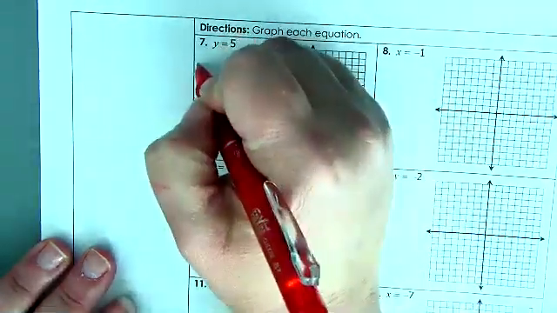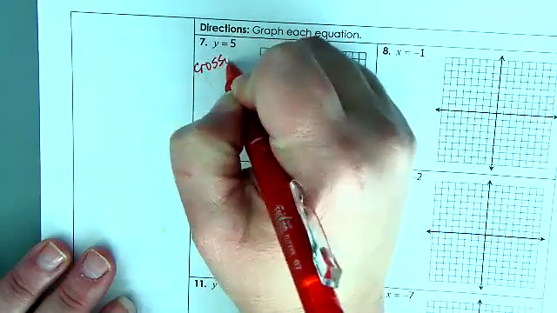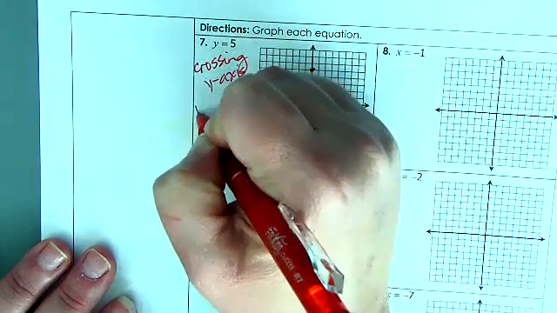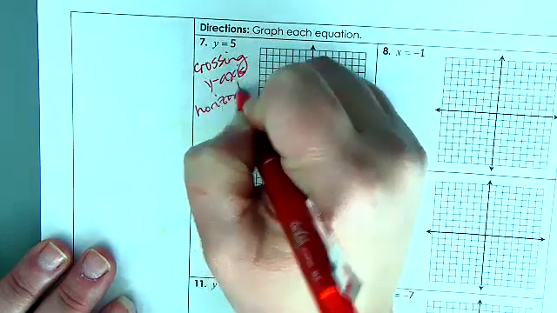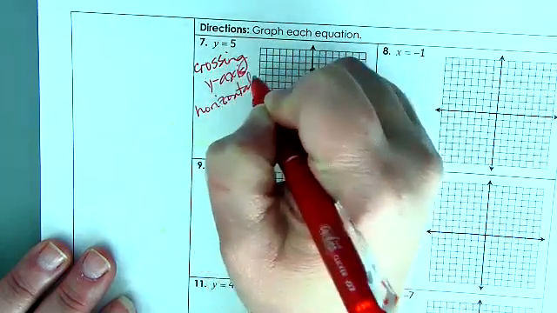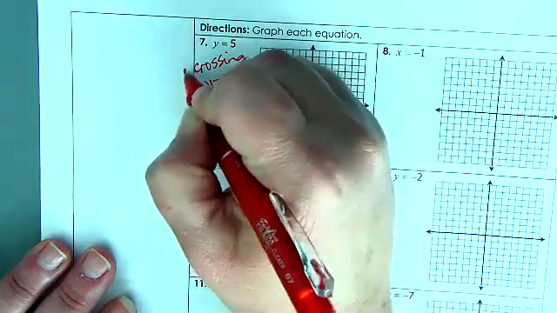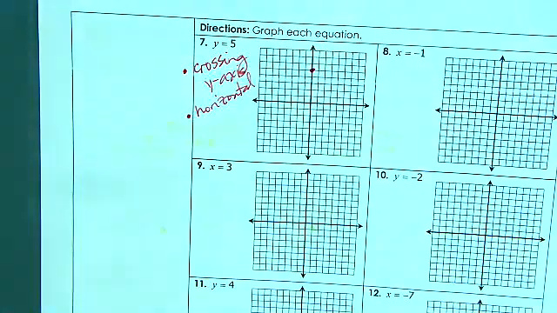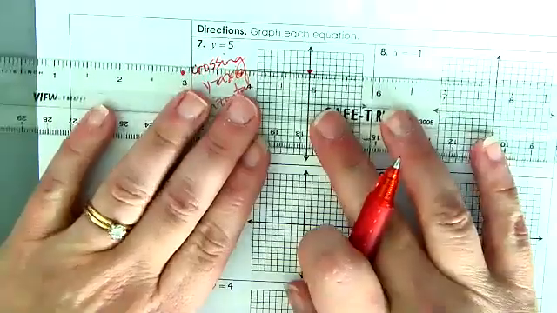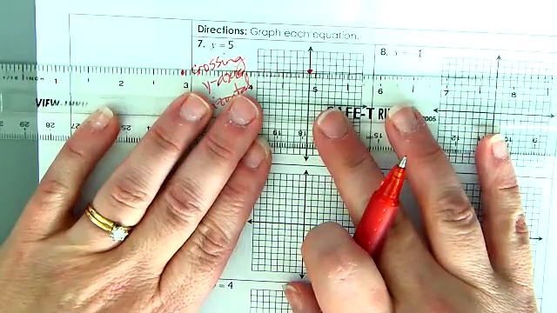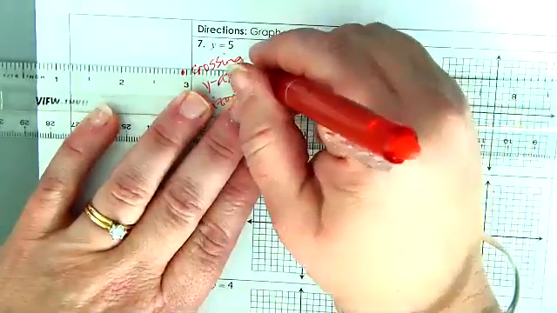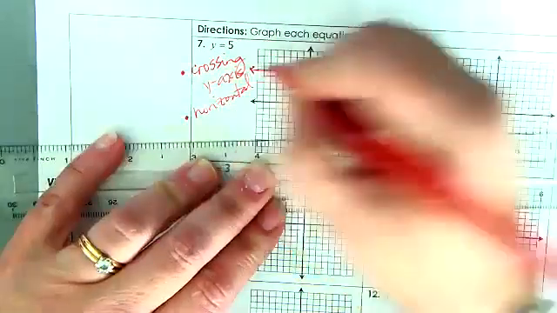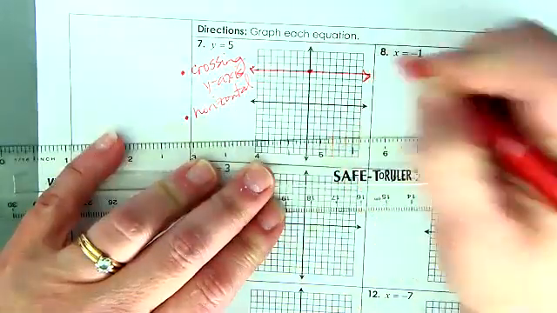Since it's y equals, I know it's crossing the y-axis, so it's going to be horizontal. Now I can take a straight edge and draw a straight line that is horizontal. Draw your arrows and make sure that it goes the entire length of the graph.